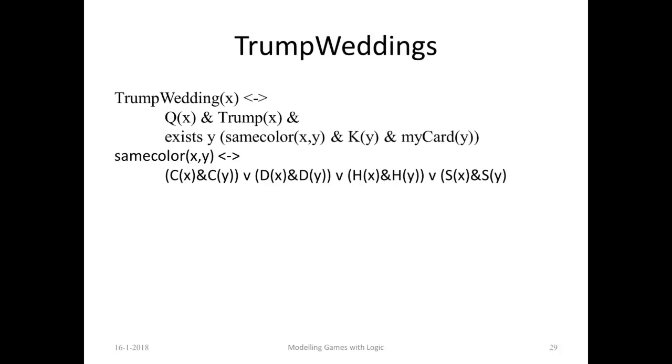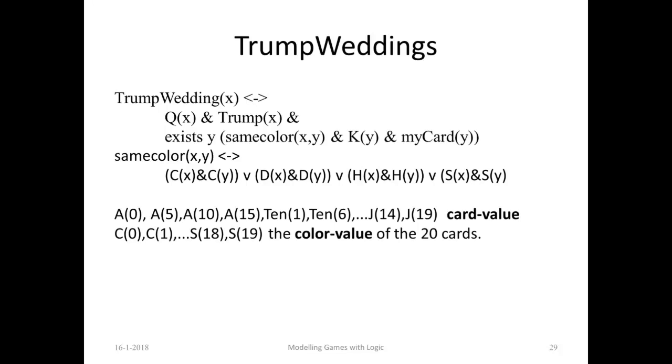So it's either they're both clubs, or they're both diamonds, or they're both hearts, or they're both spades. And then I need to tell my knowledge base which are my cards that I have on my hand. And I have to tell it which are the card values. So this is all generic game knowledge that you can put into the system once and for all, or at least translate once and for all, and then load into your knowledge base in order to do the reasoning.